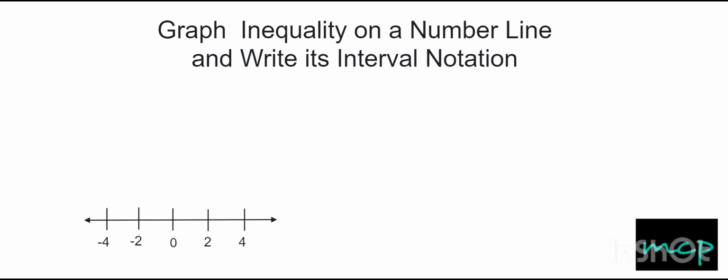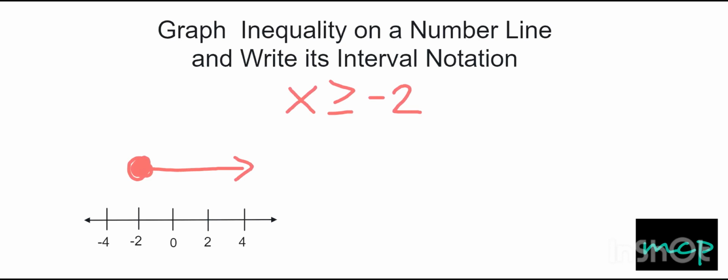For x is greater than or equal to -2. Since this is greater than or equal to, it means -2 is already included. So we have to use a filled dot. And greater than, so we have to make a ray that is going to the positive infinity. So that's the graph, and then let's do the interval notation.